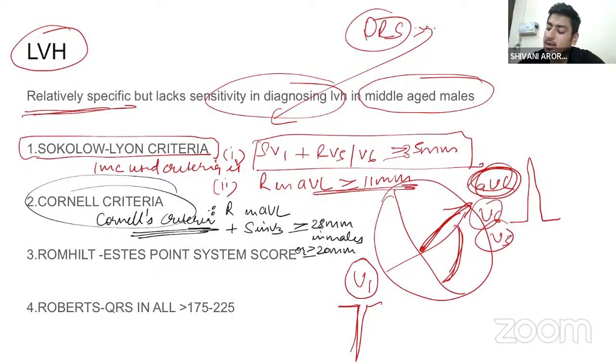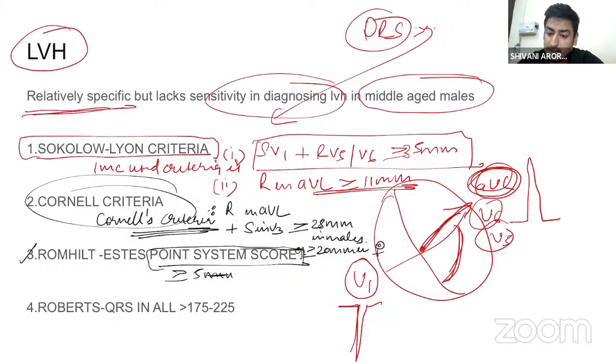Now we have the third criteria, which is known as the Romhilt-Estes points system score. This is a score containing various components. We don't need to go into detail about them, but if the score is more than or equal to 5, there is a high probability of LVH. Clear?